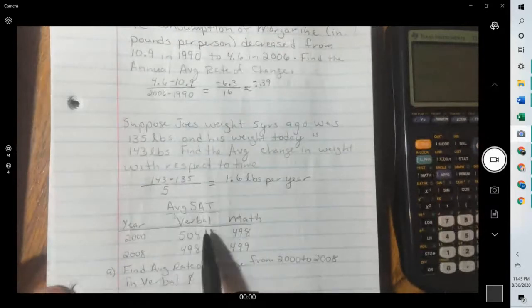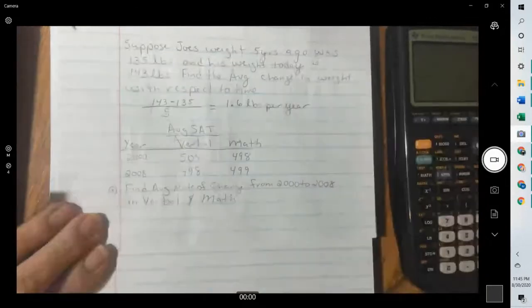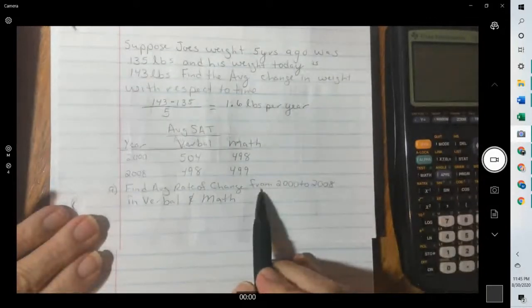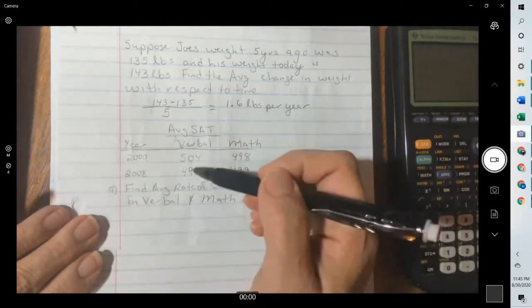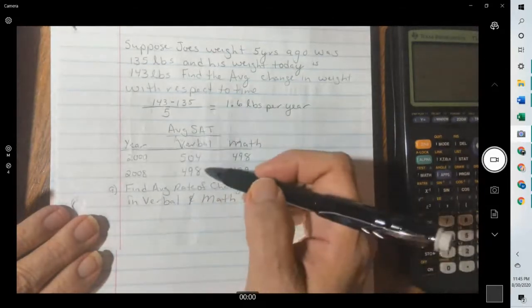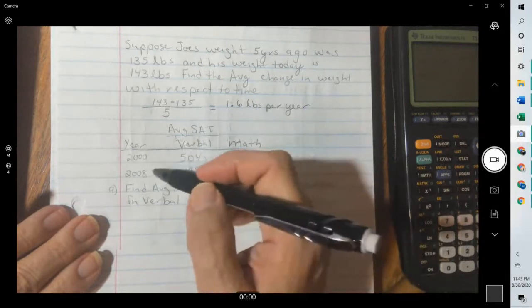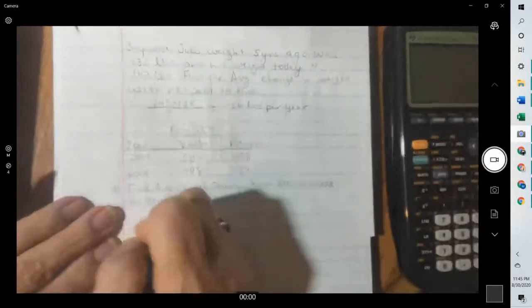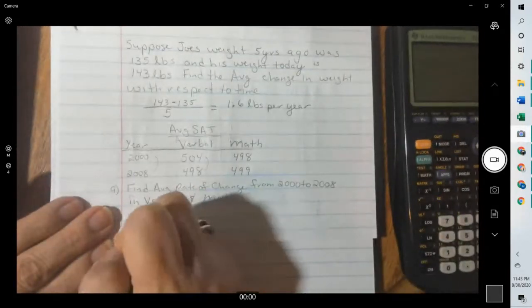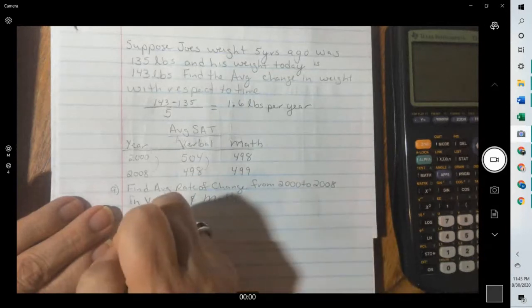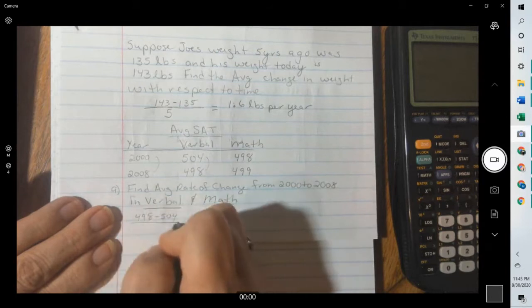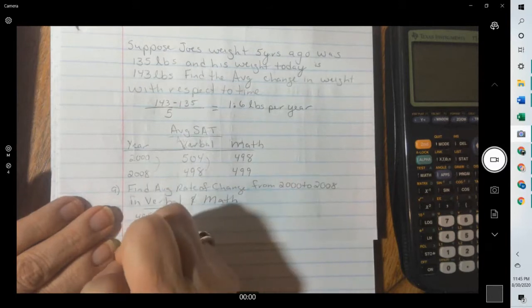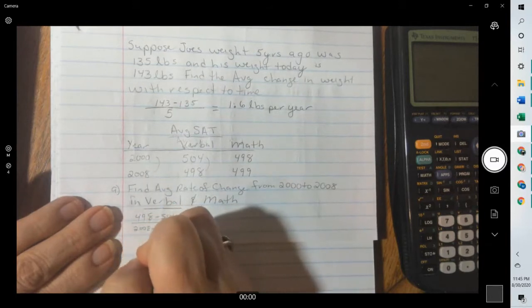You can also find the average rate of change from a chart. Same steps though. If we want to find it for verbal, we use the verbal. And notice you're just taking and subtracting these two and then these two. So for verbal, it would be 498 minus 504 over 2008 minus 2000.